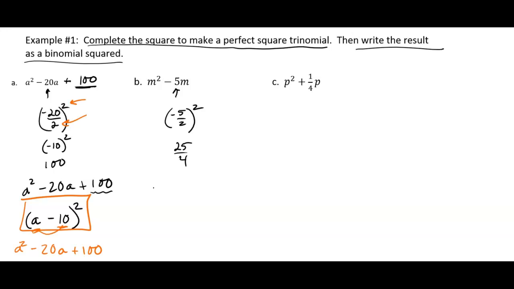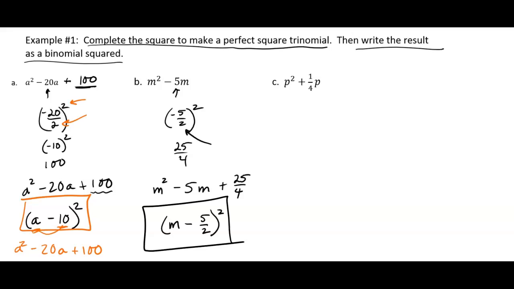So to complete the square, it's m squared minus 5m plus 25 over 4. Now, how do we write that as a binomial squared? So it's going to be m minus, and then it's the number in there, or the square root of 25 over 4. But it's probably easier to do that thing in parentheses. So 5 over 2 squared. And then that's the answer right there.